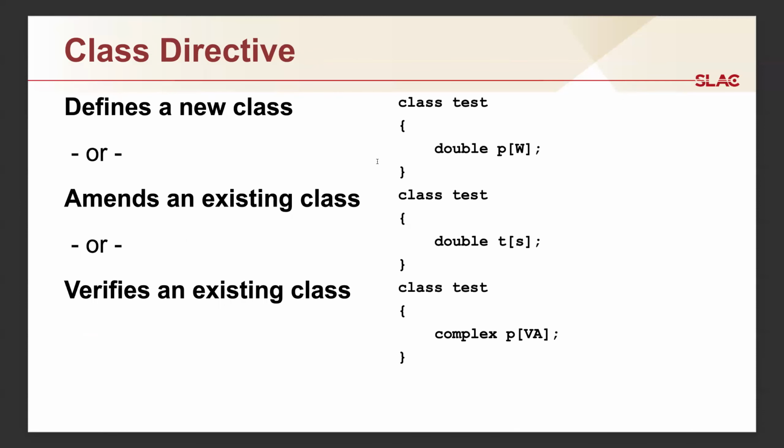Next is the class directive. And this directive really can do three important things. First of all, it can define a new class. So if you just define a class called test and it's not already defined, then it will create that class and it will create all the properties that you list in that class. Notice that for some properties, you can specify the units.